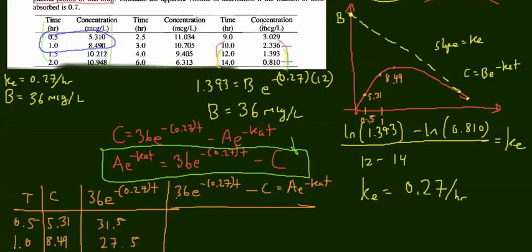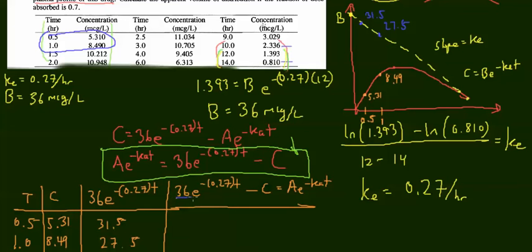At time 0.5 hours, the concentration on the B line is 31.5, and the concentration on the B line at 1 hour is 27.5. So now it tells us to just subtract this.